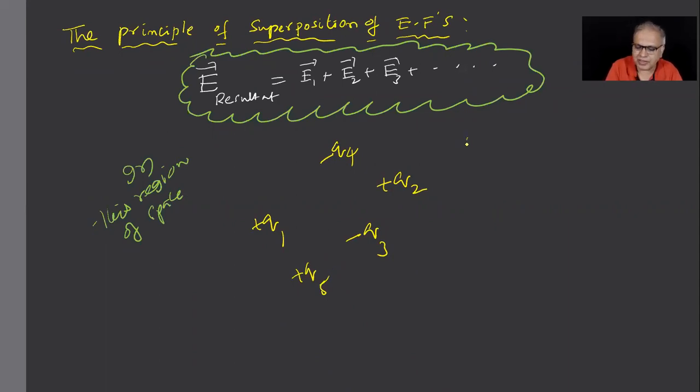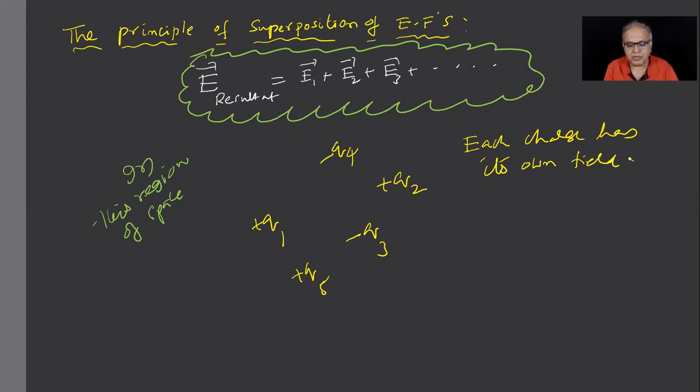Each charge has its own field. So the space is now affected by the fields of all the charges, right?